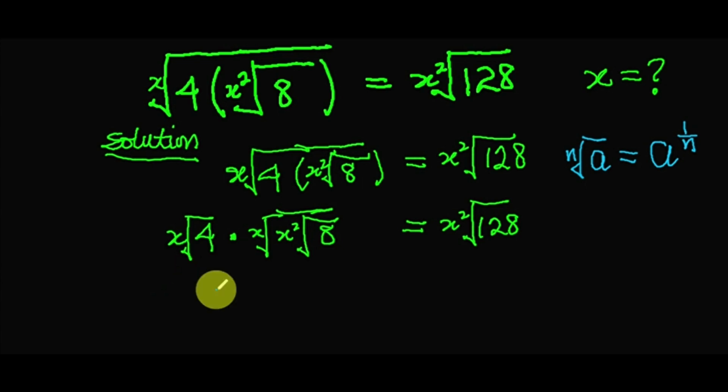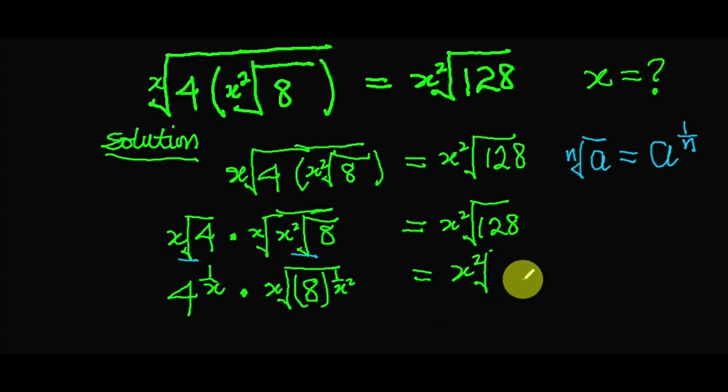So we will have 4 raised to the power 1 over x multiplied by, taking this one first, the x-th root of 8, converting it as 8 raised to the power 1 over x squared, equals the x-th root of 128.